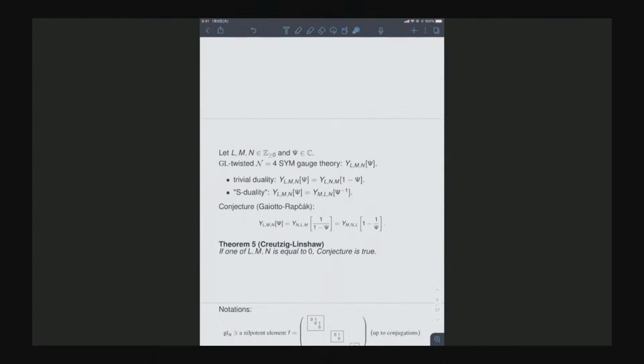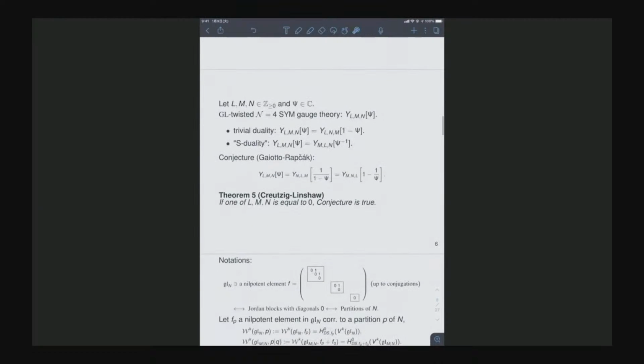And Gaiotto-Rapčák conjectured, using these two dualities, triality: if you change LMN to NML and MNL, psi is changed in this way. And the surprising result is that Creutzig-Gaiotto show that if one of L, M, N is equal to 0, this conjecture is true. It's a very surprising result, and I will explain this theorem first.